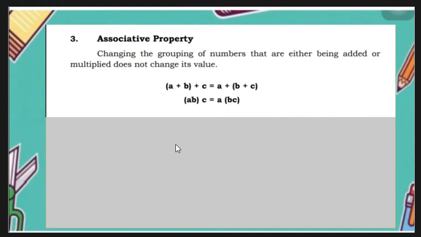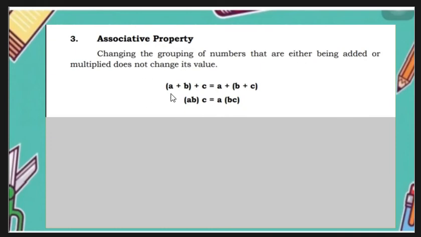When we say associative property, we are changing the grouping. So we talk about the grouping of numbers that are either being added or multiplied, which does not change its value. Meaning to say, it involves also addition and multiplication.